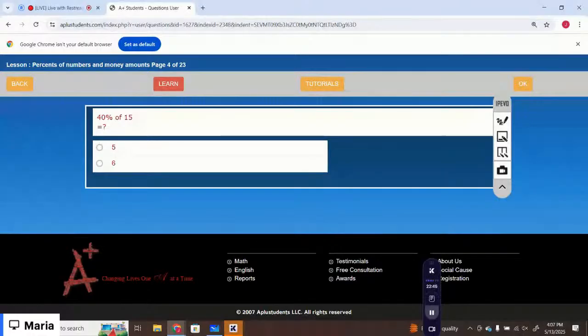Very good. The correct option is 6. So 40% of 15 is 6. Option number 2 is the correct option.